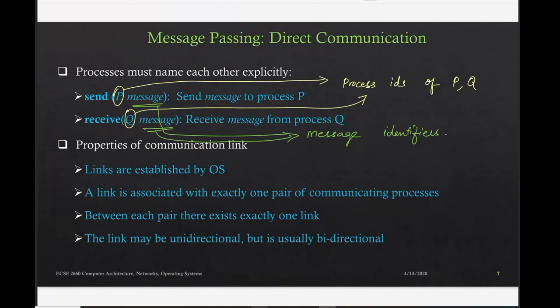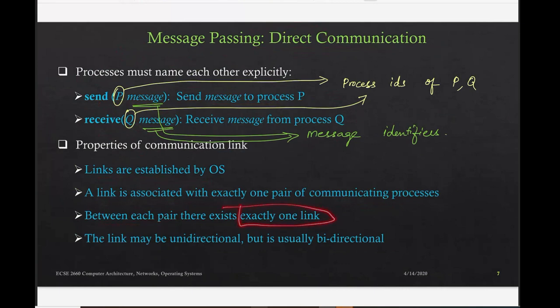So what are the properties of a communication link that is established using direct communication? Links are established by the OS. A link is associated with exactly one pair of communicating processes because you have explicitly named them. So this is going to be for situations where it is exactly one pair of processes that are trying to communicate with each other. And between each pair, there is exactly one link.